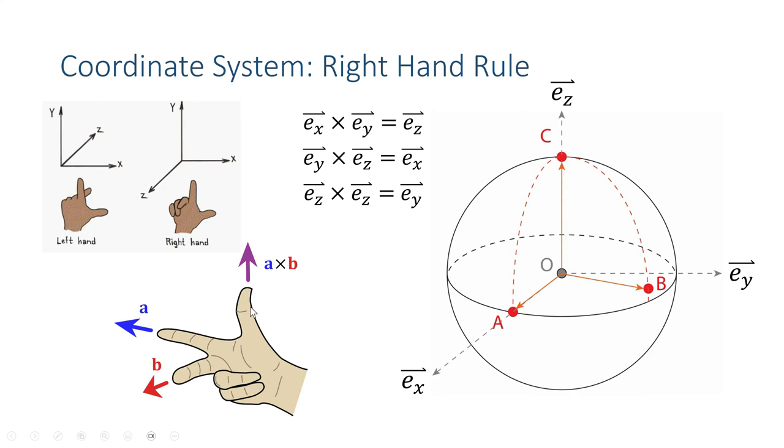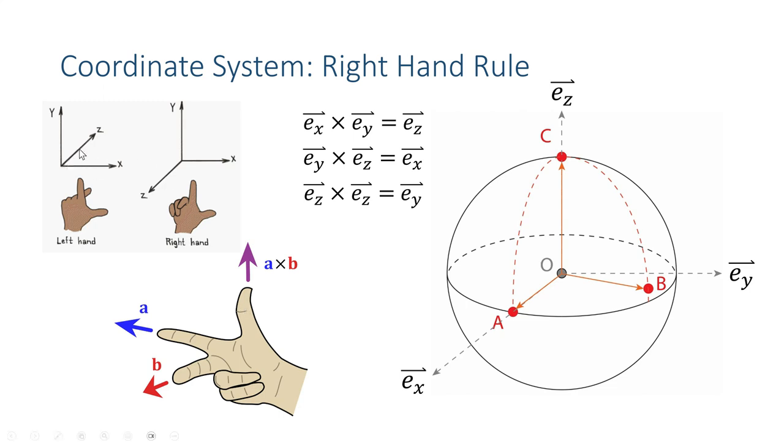This A cross B is a moment. If you were to pull on B, it's going to rotate your hand around this Z axis. A cross B is a moment, or a rotation, around this Z axis. And that helps you understand which way is positive versus negative.